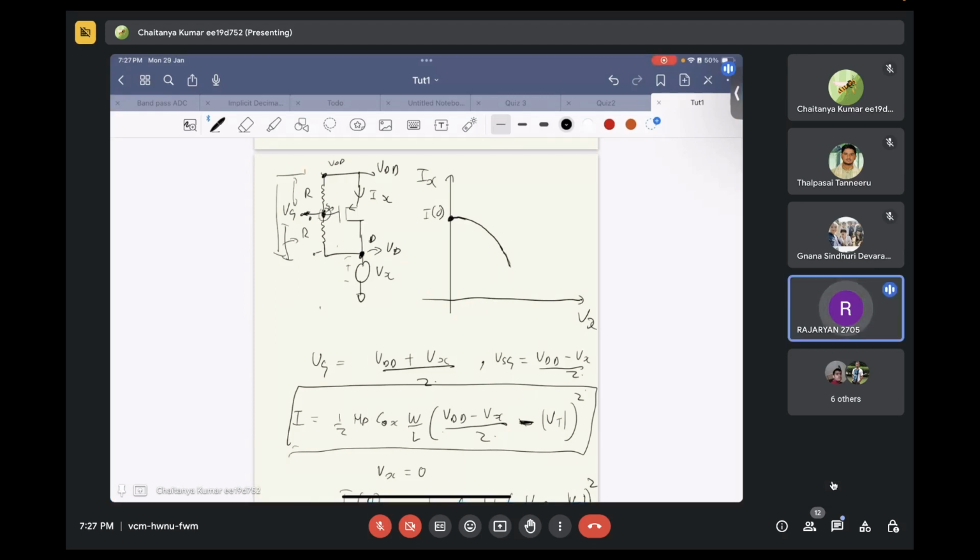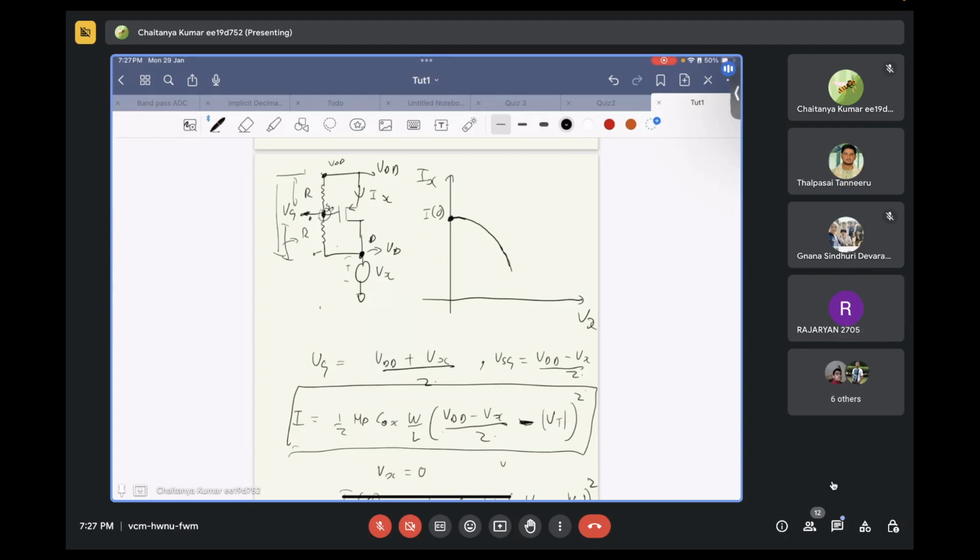When Vx would be equal to VDD. If Vx is equal to VDD, what is the value of VSG? 0, sir.